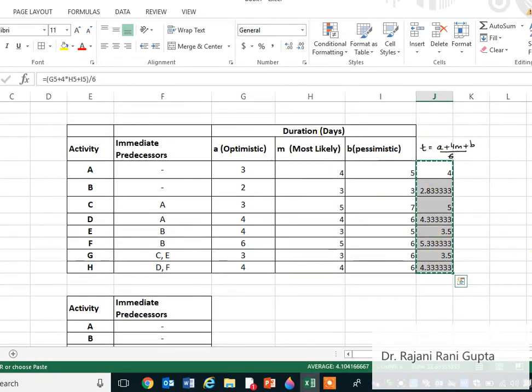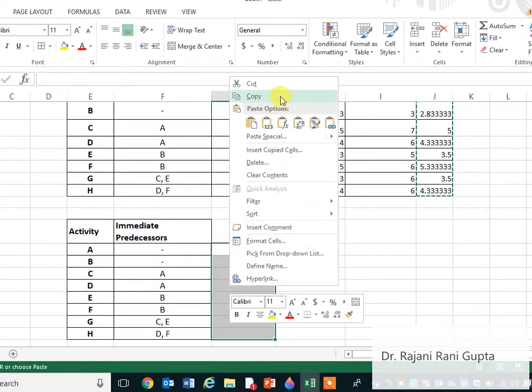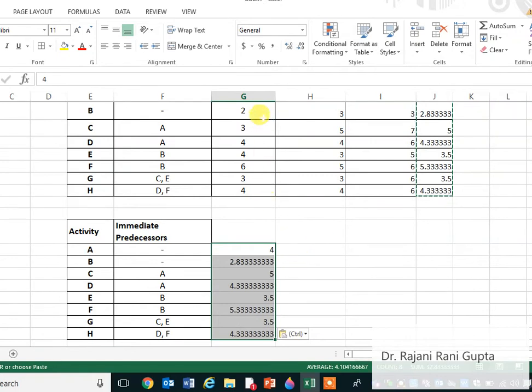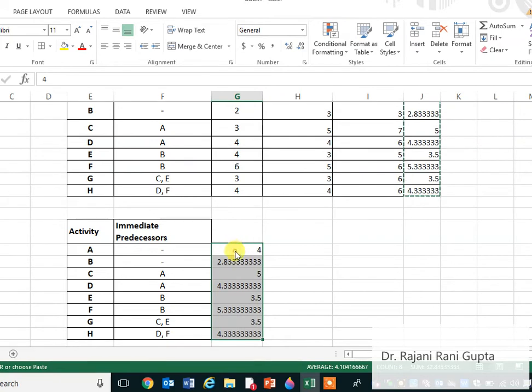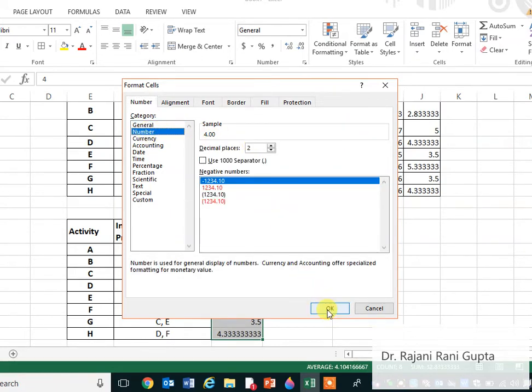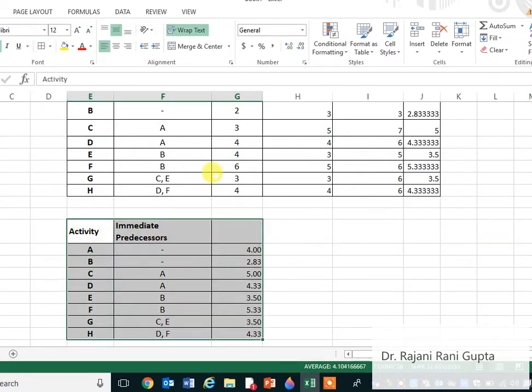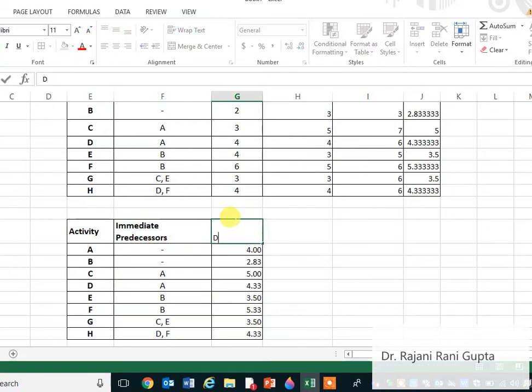This is C, and we are going to use this duration here. Okay, now here you are getting 2.833. It's okay, you can round it off. Select format cells, and then you can take the number up to 2 decimal places. Okay, so now this is your table with the duration T. This is the activity completion duration, which is T.